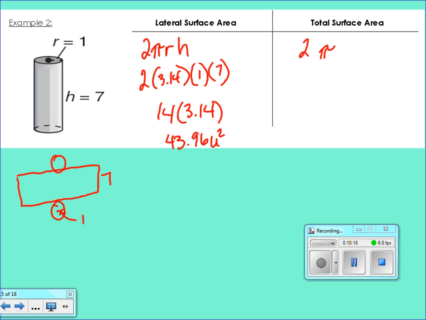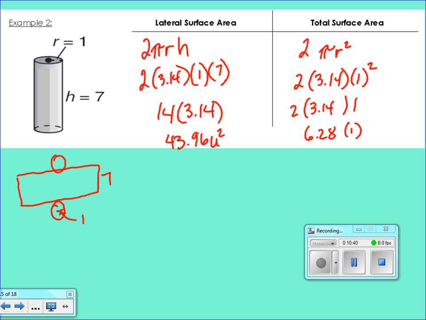And for the bases, 2 pi r squared, because we have 2 circles, we take pi r squared times 2. So that's going to be 2 times 3.14 times 1 squared. What's 1 squared? 1 times 3.14 times 2. Okay, we can do 6.28 times 1, which ends up at 6.28 units squared.